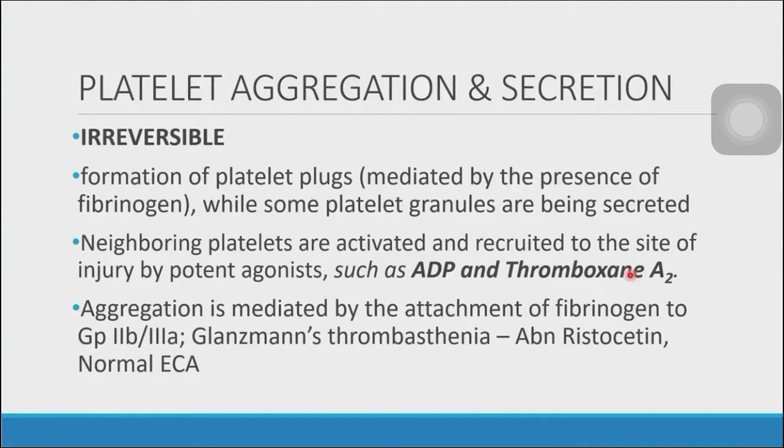As I've said earlier, aggregation here is mediated by the presence of fibrinogen. Kung kanina nabanggit natin si von Willebrand factor, siya yung nag-act as a glue para dumikit yung platelet sa endothelial lining. Ito naman si fibrinogen, siya yung nag-act as a glue sa platelet, para magdikit-dikit sila sa isa't isa.